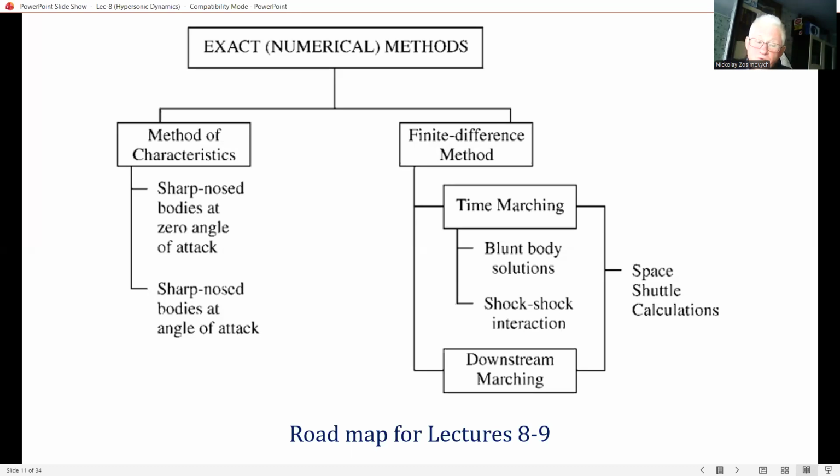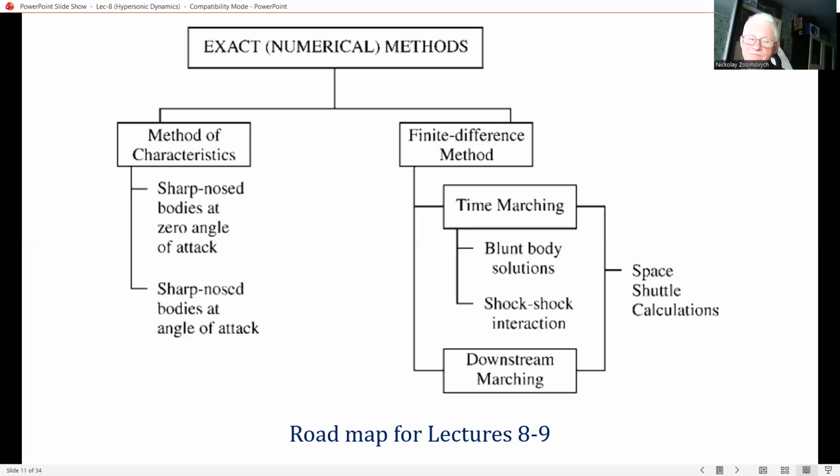Rather, the two primary boxes at the top of the roadmap represent two separate and different generic methods, for each of which there are numerous different detailed numerical approaches. As stated earlier, our purpose here is just to give you the flavor of each method as applied to hypersonic inviscid flow.